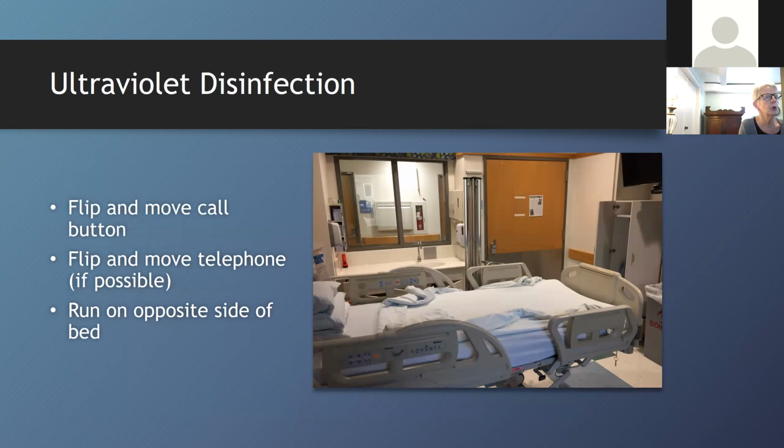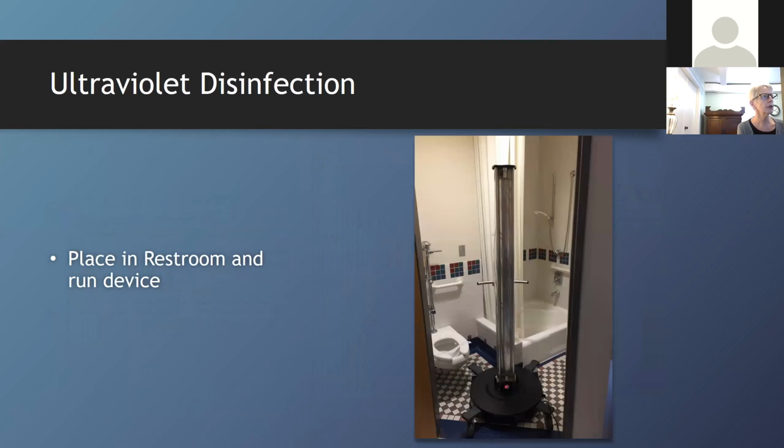They move the call bell, flip and move the telephone, so they have to move all of those surfaces so the light can have contact with whatever environmental surface you want to disinfect. So after they do the patient's room, they take the unit into the restroom and run the device there.